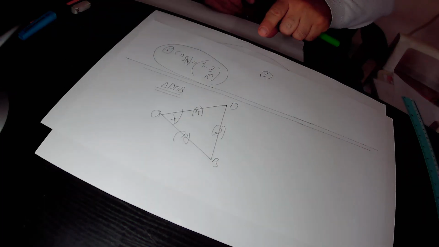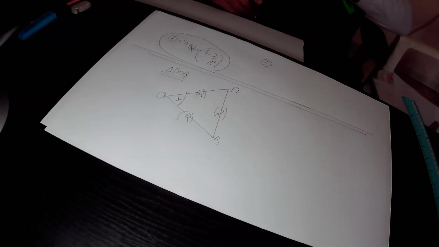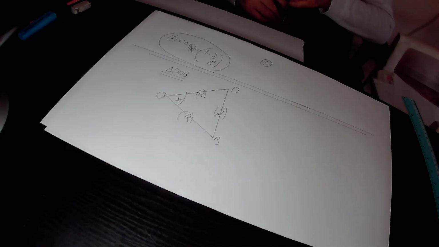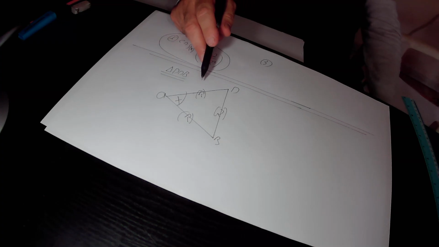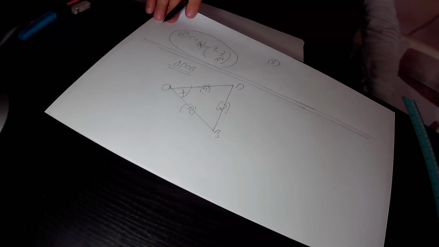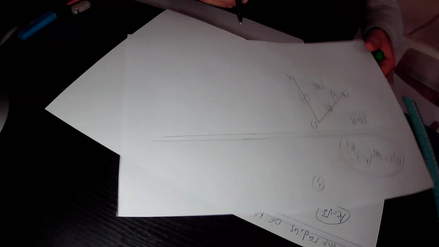So this is triangle DOB copied from the original drawing. Now we will apply the law of cosines in this triangle DOB.